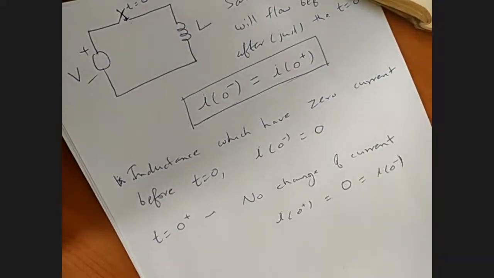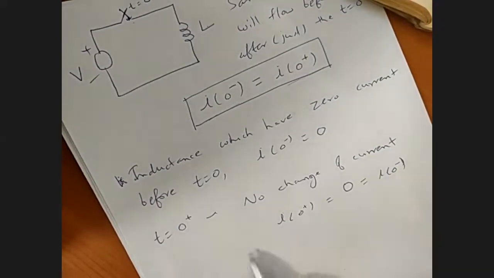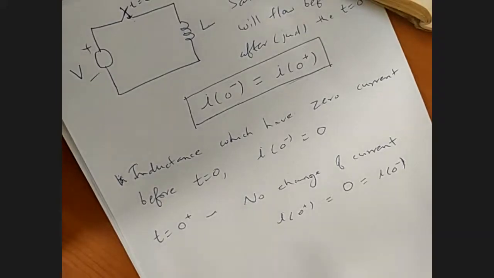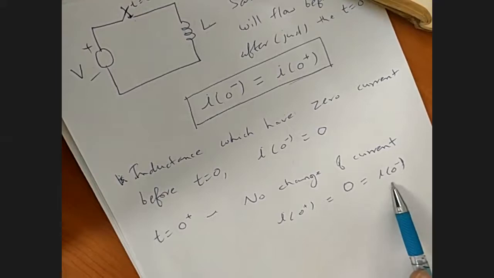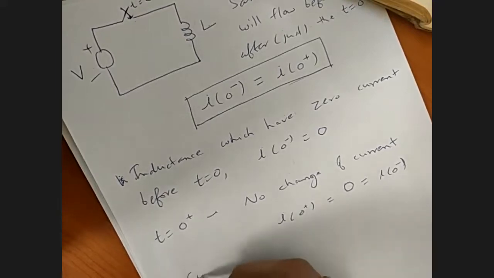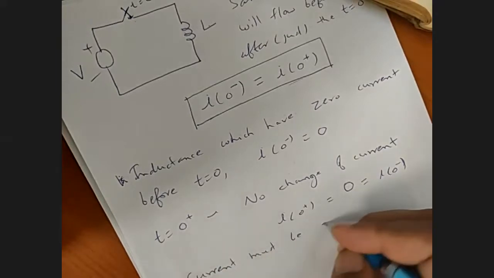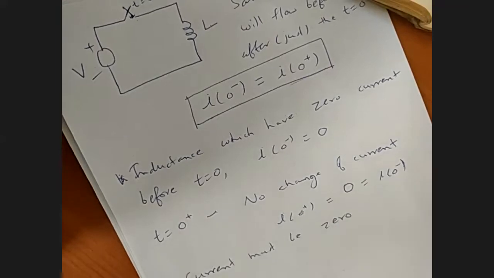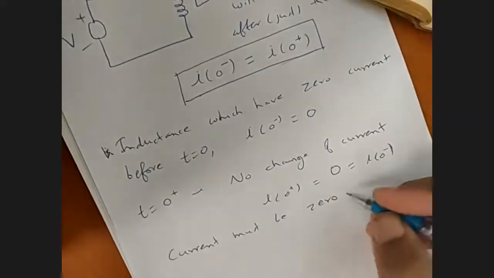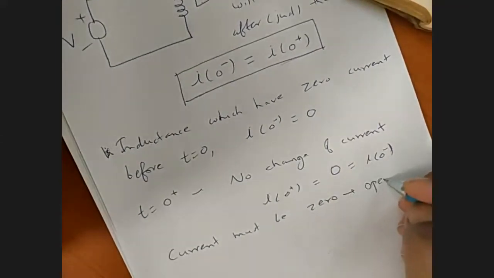So there will be no change in the current in the inductance just before and just after. So I0 plus will be equal to I0 minus, and that means equal to 0. That means current must be 0. And when can current be 0? That is an open circuit.